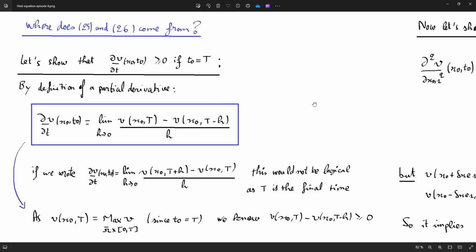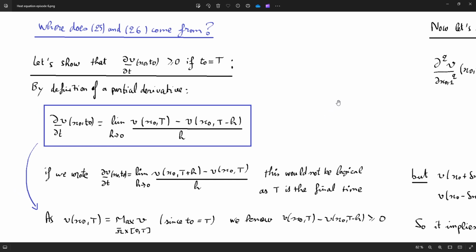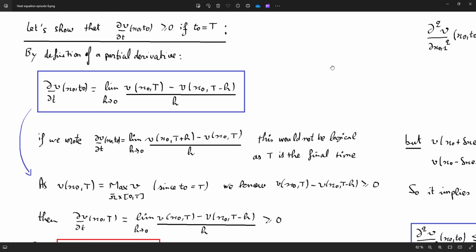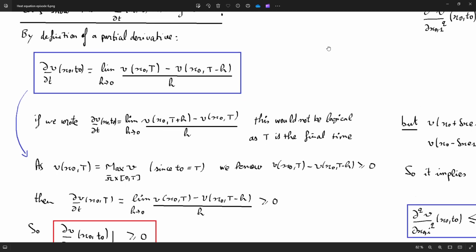Let's show that the derivative of v with respect to t at (x0, t0) is greater or equal to 0 if t0 equals T. By definition of a partial derivative, the partial derivative of v with respect to time at (x0, t0) equals the limit when h goes to 0 of (v(x0, t) minus v(x0, t minus h)) over h.